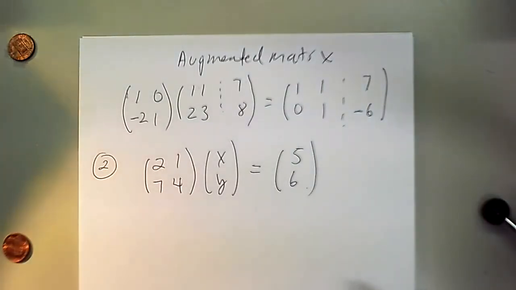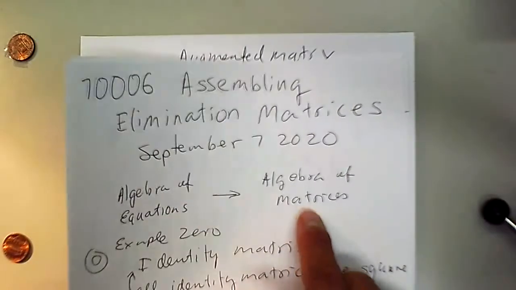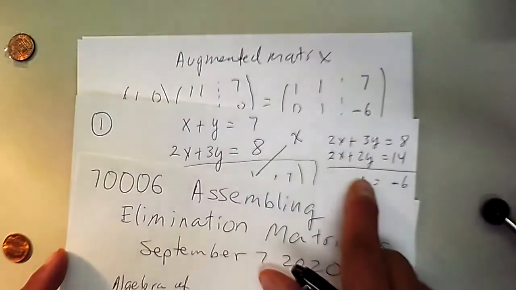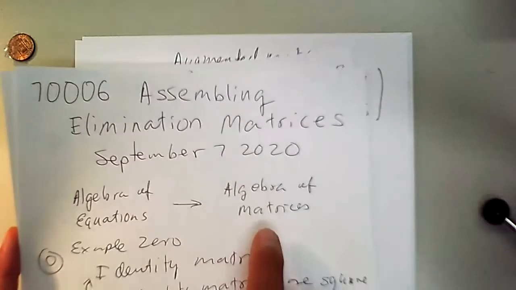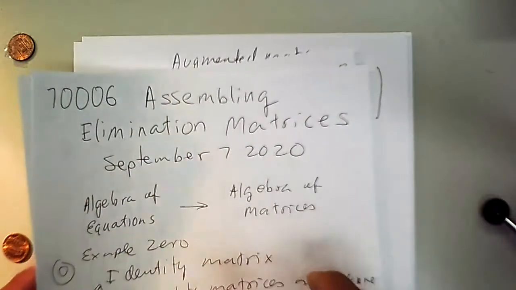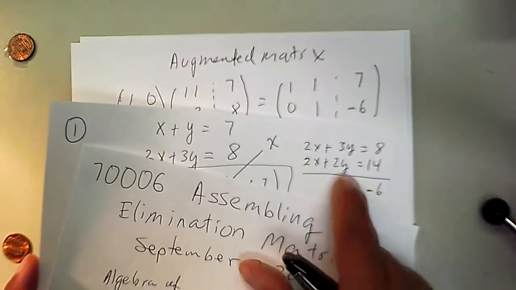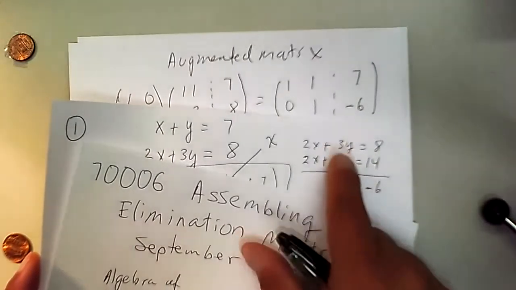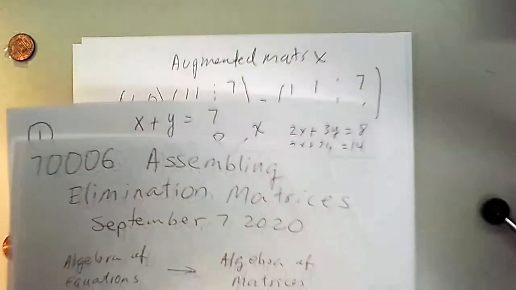However, we want to do this via algebra of matrices. We want to get away more and more from eliminating using equations, but rather multiply matrices to achieve the same thing we obtain when we use elimination of equations.